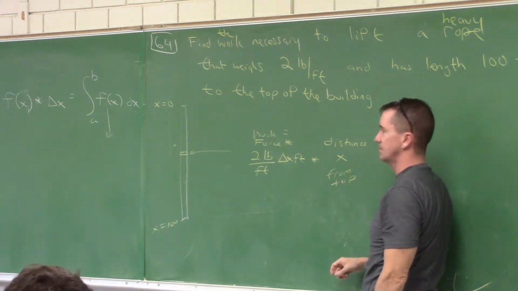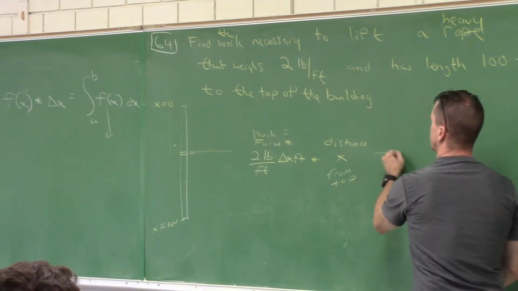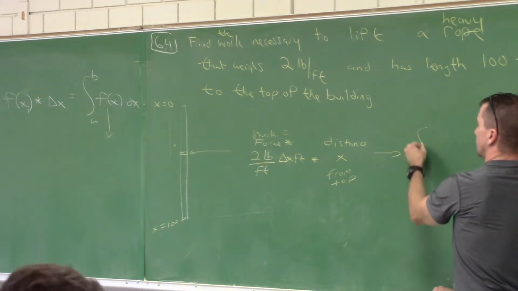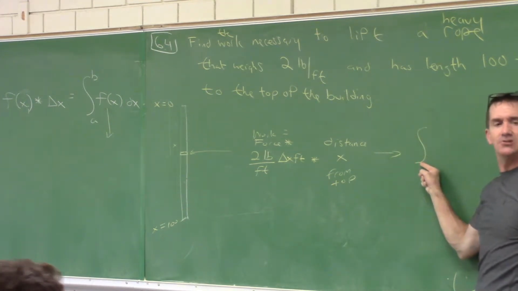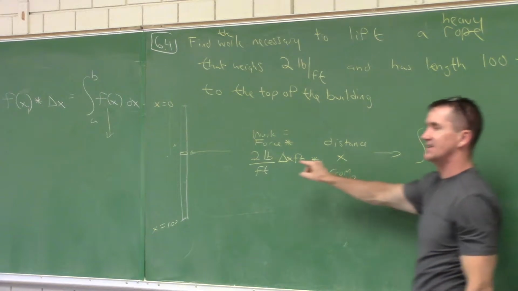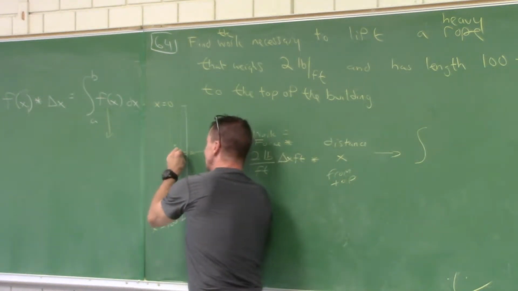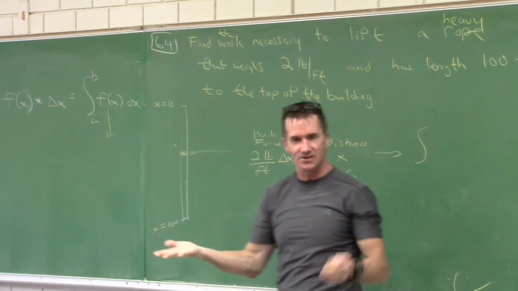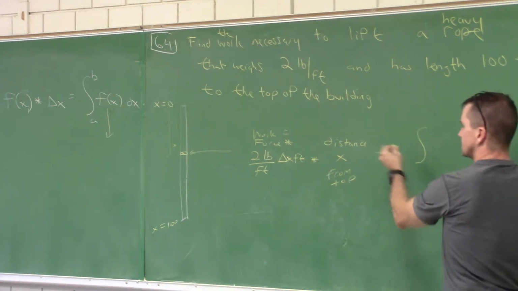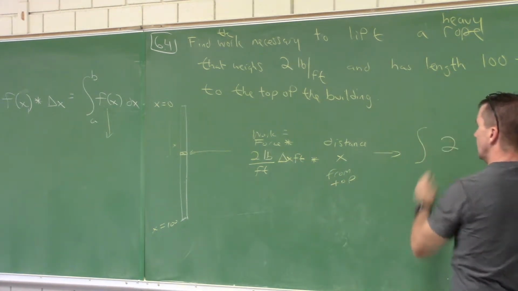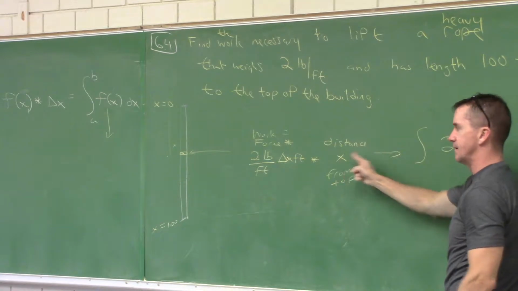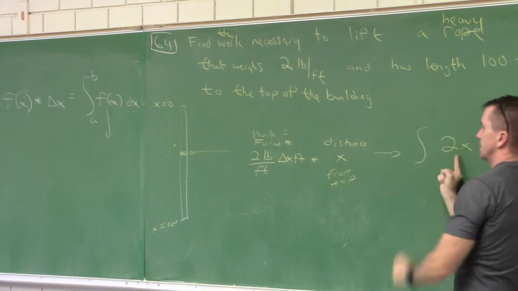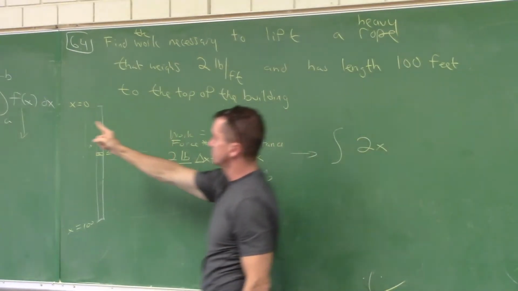Cool. Now, I'll just draw an arrow. The elongated S, the integral, means I can sum all these what? All these little slices all the way down. That's all I'll do. So I'm going to sum all these. It looks like I got a 2. What letter here? X. Now, do you know what the change in x turns into in an integral?